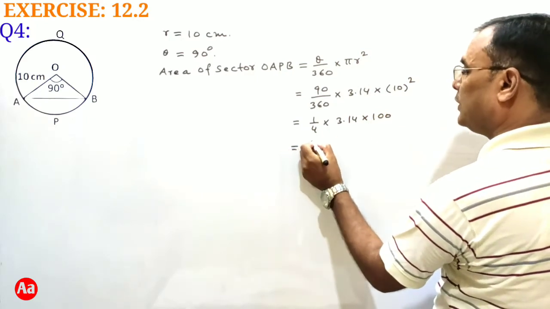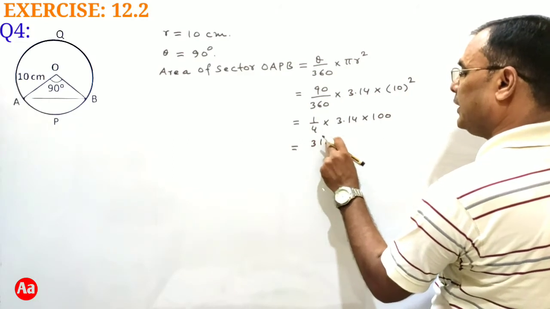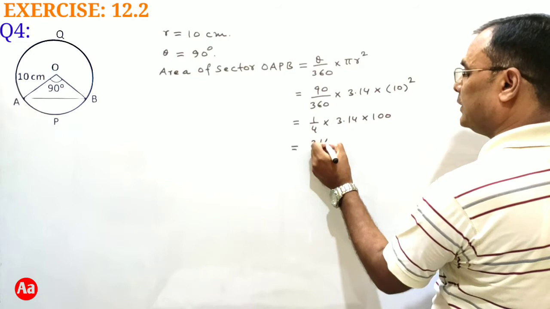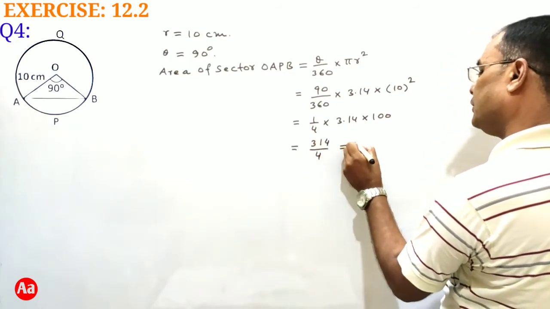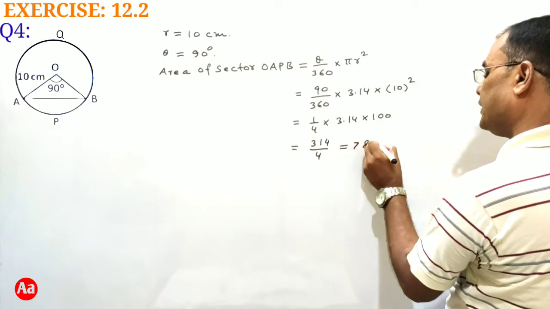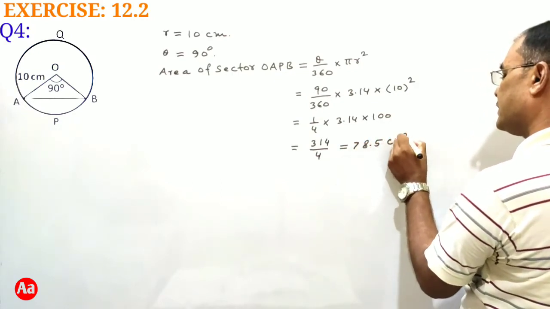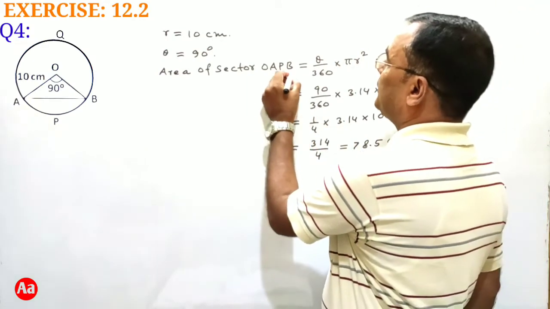So this is equal to 314 divided by 4, equal to 78.5 centimeter square. So this is the area of sector OAPB in this figure.